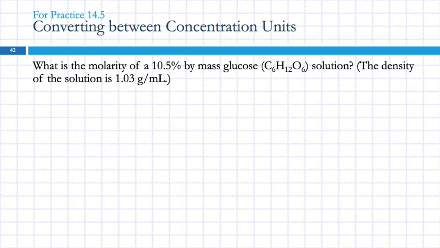So again, I think it's helpful to highlight the information that's given and highlight what we're trying to find. So it's 10.5% by mass glucose. What does 10.5% mean? 10.5 per 100, right?